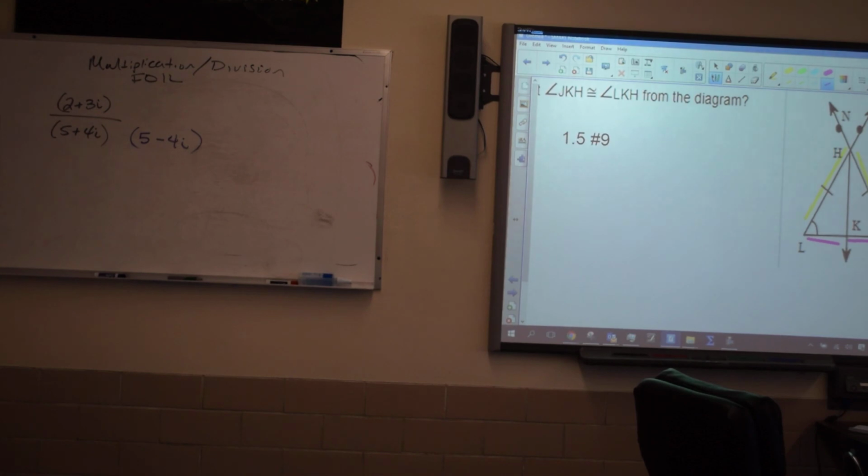They look like they could both be the same measurement. But is there any markings in there, any notation that tells us that? No. Okay. Now, going back and saying eventually, yes, that's an isosceles triangle. Okay. Then eventually, yes, that angle will be congruent to that angle. And yes, LK will be congruent to KJ.